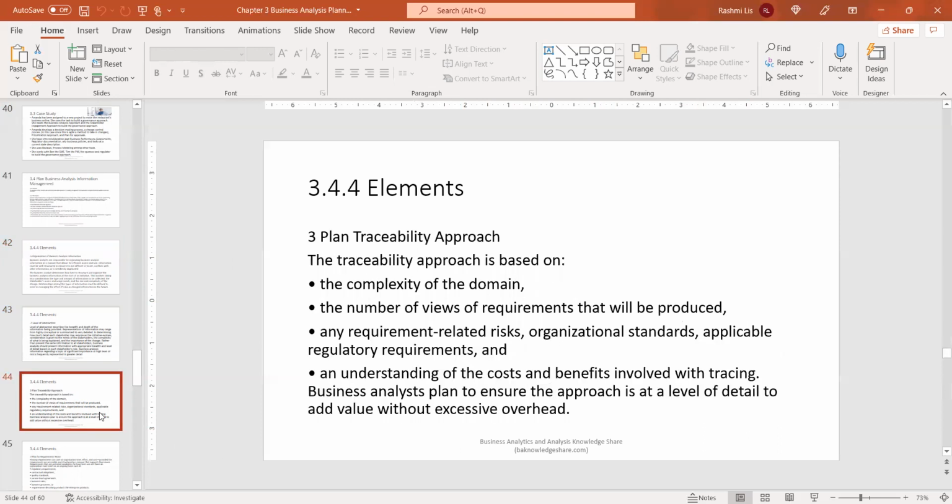So she has to make that determination if she needs to get into the weeds of the details. She plans a traceability approach in the sense of how she should go about understanding the complexity of the domain, the number of views of requirements, and other points under this element.